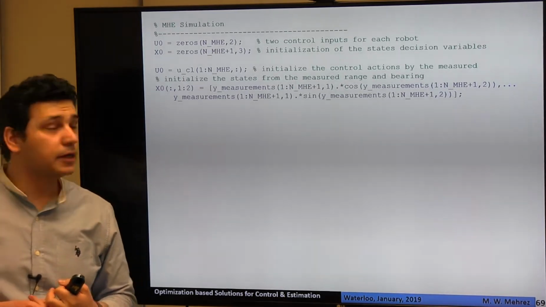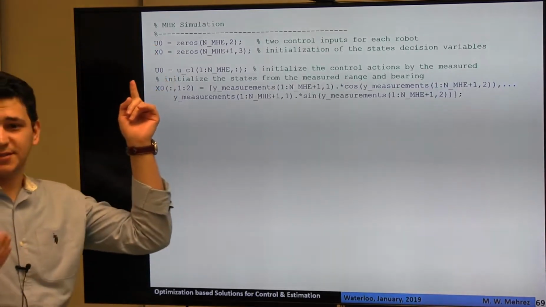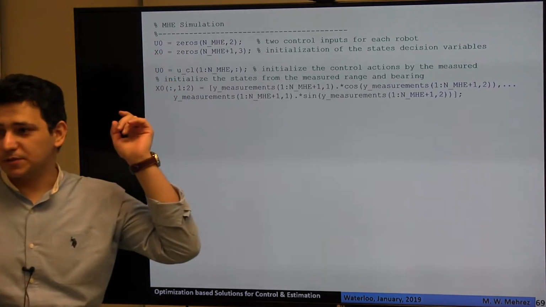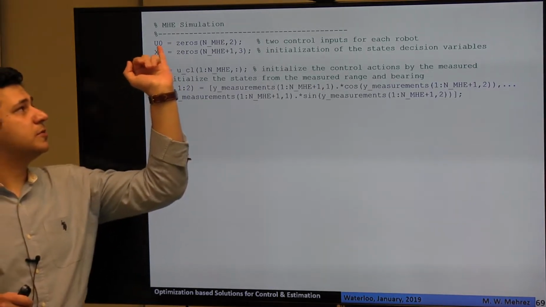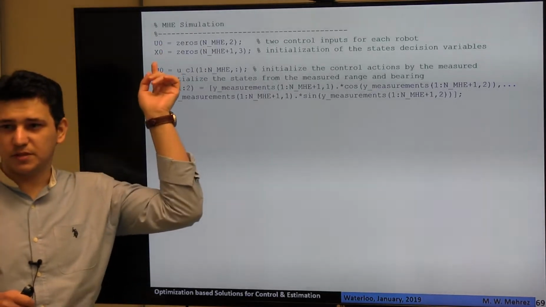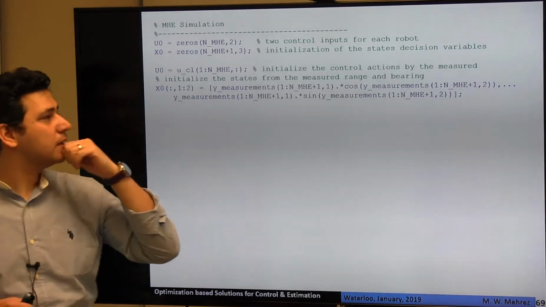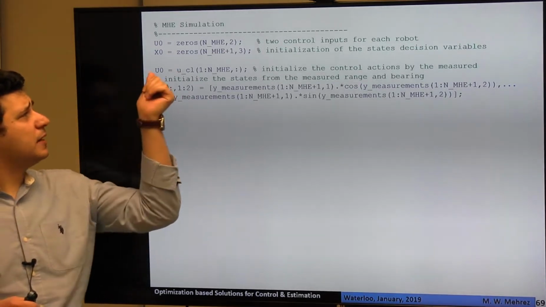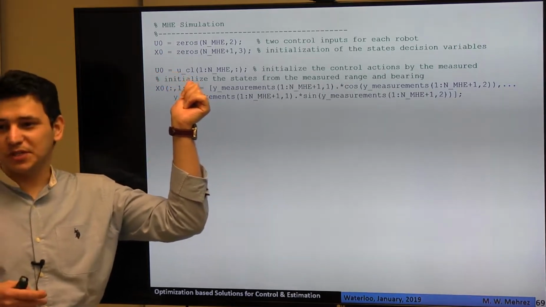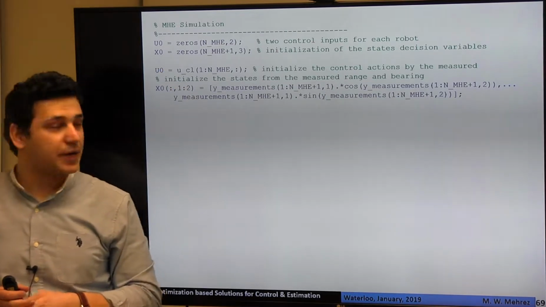solver, right? Remember that we have to initialize the nonlinear programming problem by values for the optimization variables. Remember also that the optimization variables were U0 and X0 here, right? These two matrices. Here the initialization so far is zeros, right? Okay. I can have a better estimate for U0 because I already know the measured U, so I can initialize U by the measured U's. Okay?